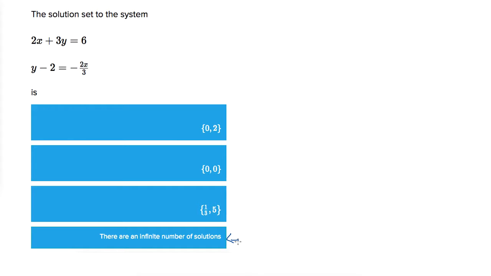Second thing is specifically when we see there are an infinite number of solutions or there's no solution, we want to remember that we're not just solving equations here. These equations actually could represent lines, right? These are linear equations. They represent lines in a coordinate plane. And so we can rework these equations so that they are more easily interpreted as lines.